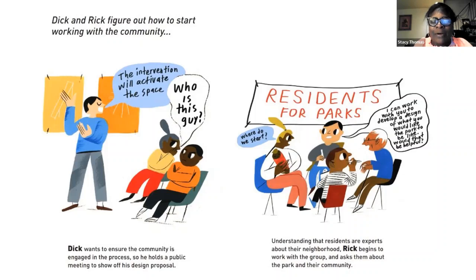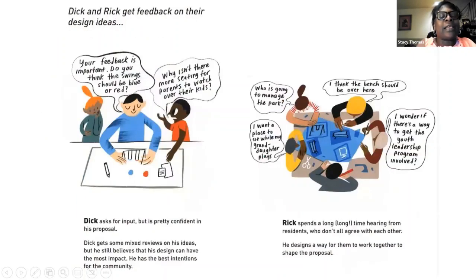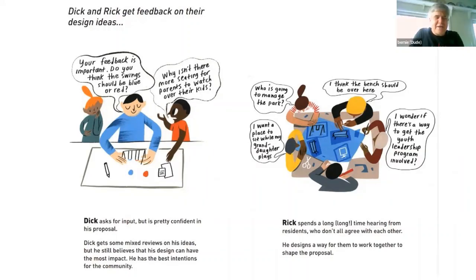Understanding that residents are experts about their neighborhood, Rick begins to work with the group and asks them about the park and their community. Dick and Rick get feedback on their design ideas. Is that Dick or Rick in the blue shirt? That's Dick on the left. Okay. Dick is saying, your feedback is important.